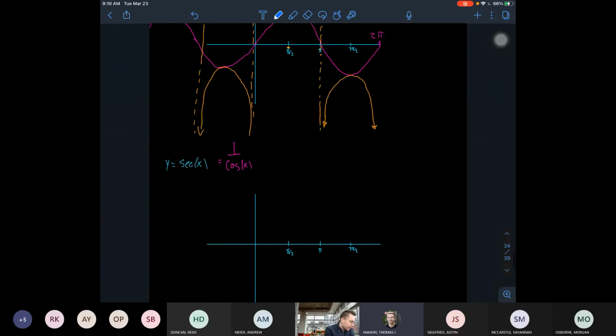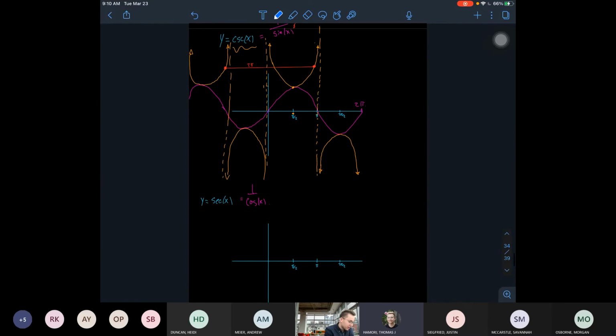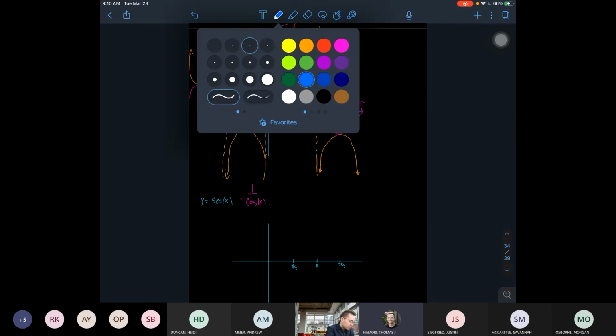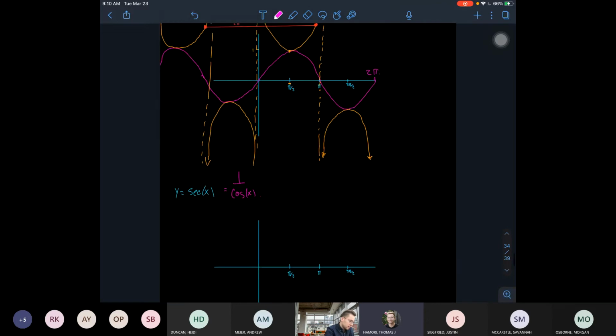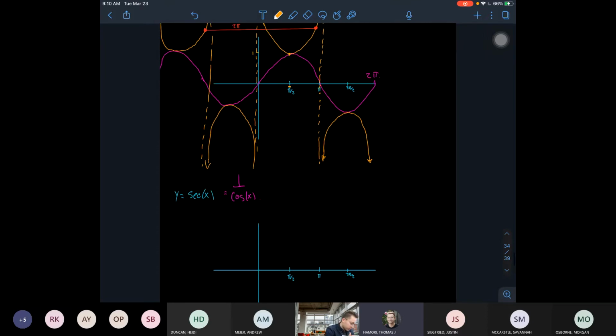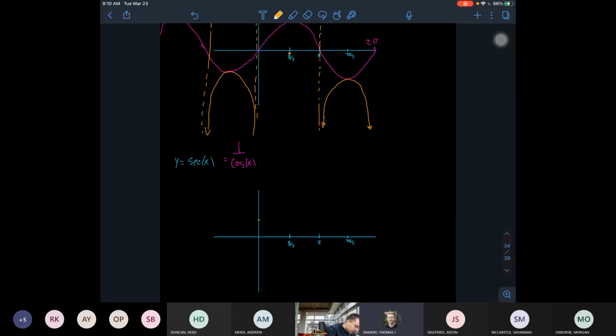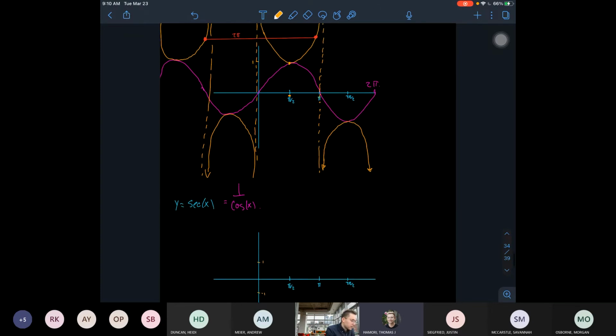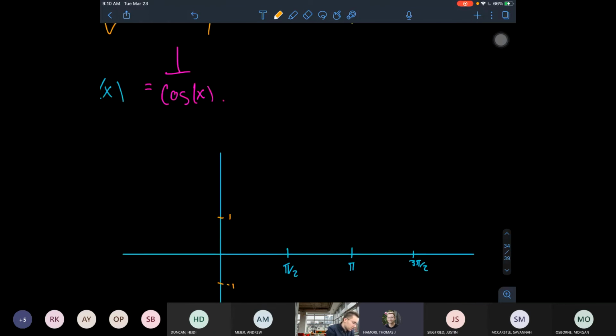So it turns out that the graph of 1 over cosine of x is going to look a lot like this, except it's going to be moved over by pi over 2 units. So here's 1 and here is -1. What does this one look like? Well, instead of reaching a minimum at pi over 2, it reaches a minimum at 0.